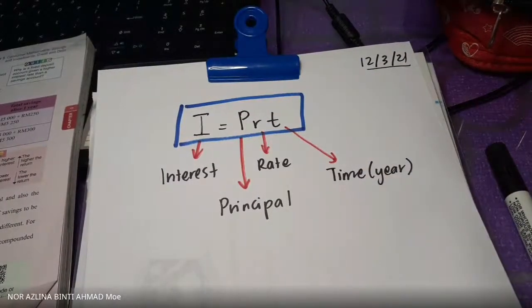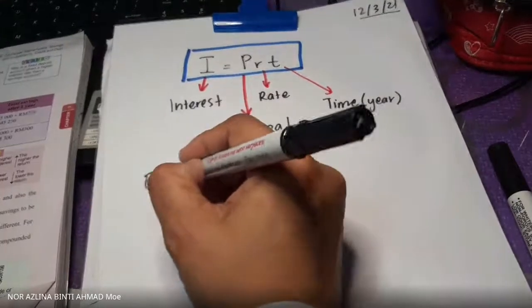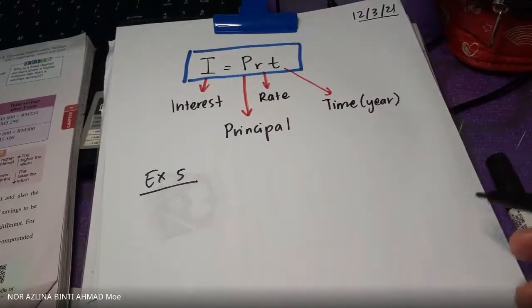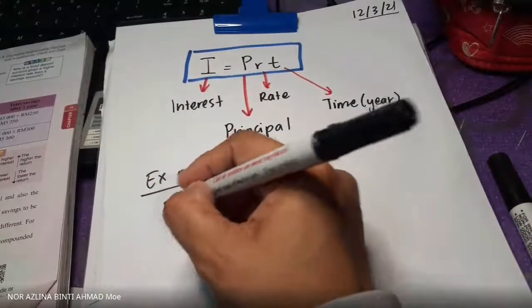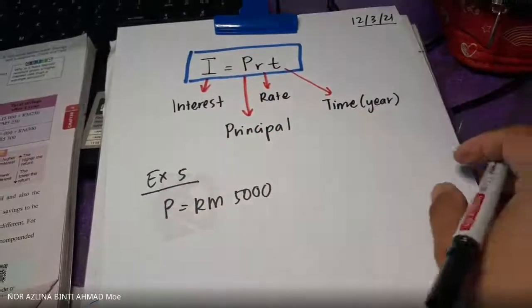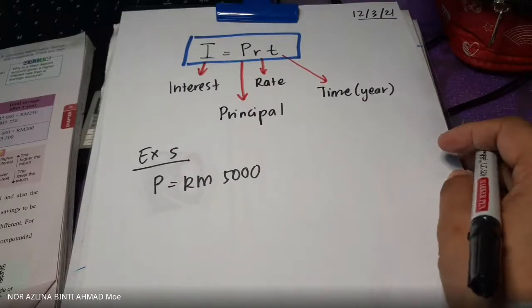Okay, example 5. I continue with example 5. Mrs. Vanmati deposits a sum, so that is P equal to RM 5,000, in a bank. What is the amount of Mrs. Vanmati's saving after 1 year?